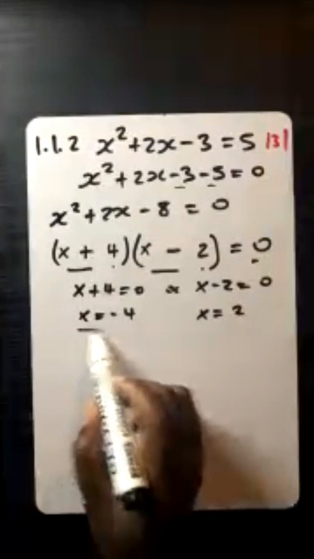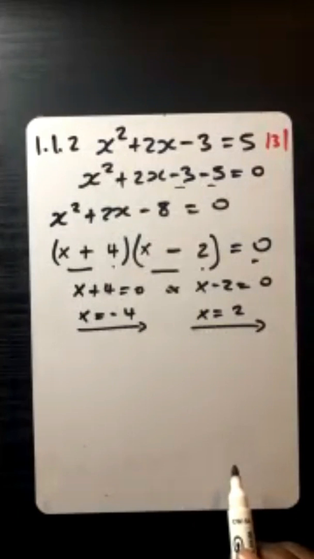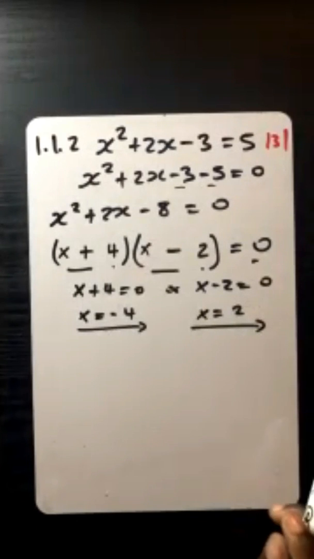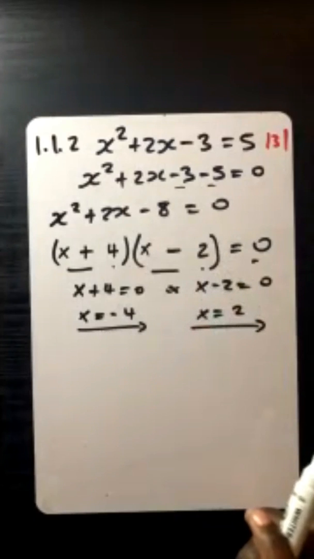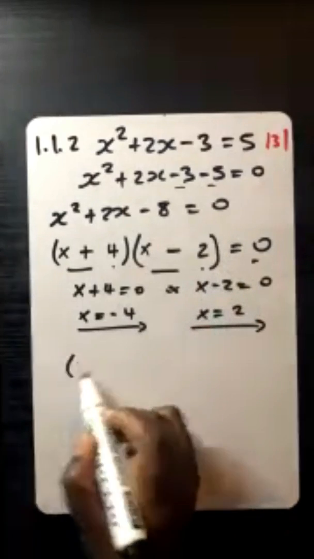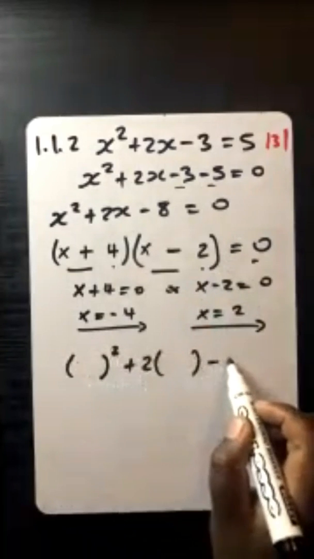So ladies and gentlemen, just assuming that I wasn't sure of my final answers because I was very quick in solving this question, assuming that I was in an exam, I'm able to test both of these answers to see if they are correct.